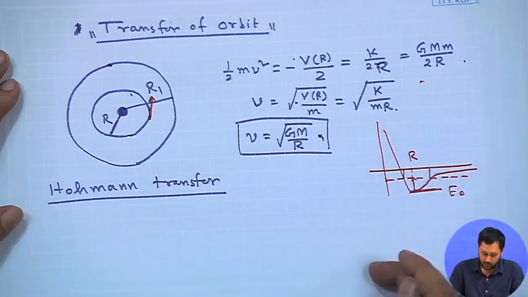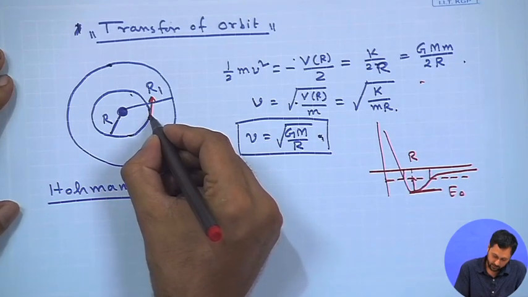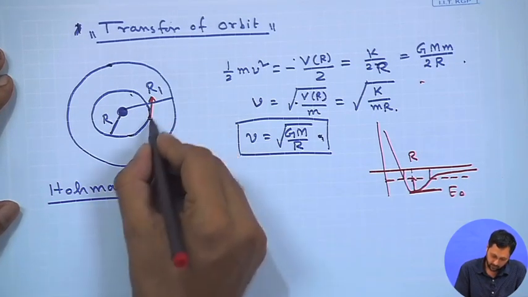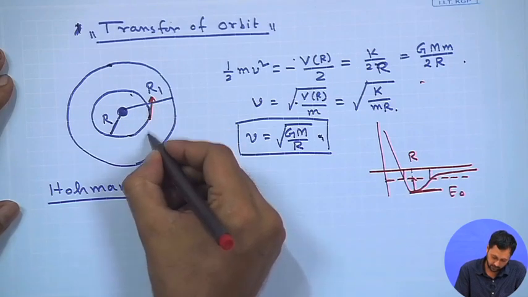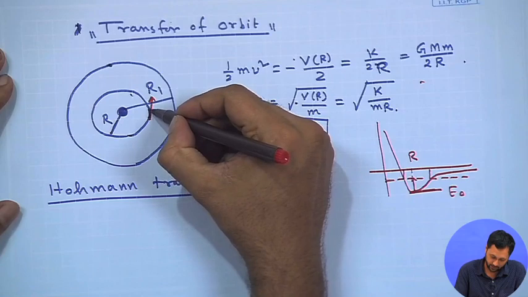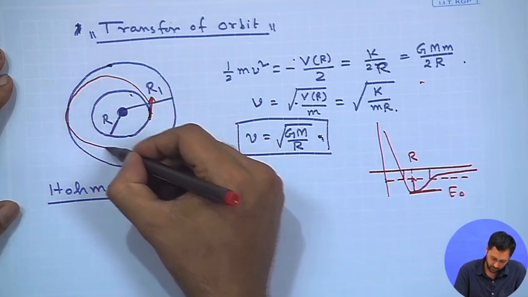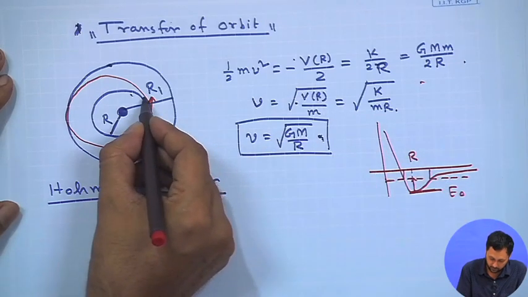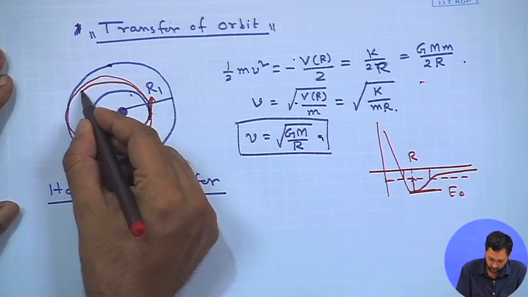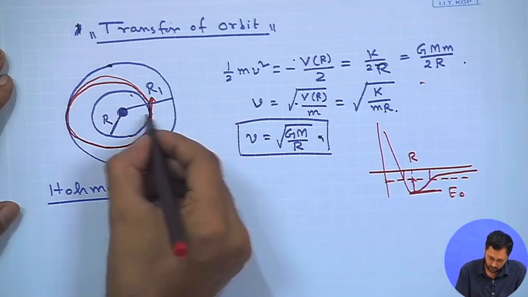Now, in Hohmann transfer, what is done typically is the velocity of this additional thrust is adjusted such that the ellipse is drawn something like in this manner. Okay. So, this is an ellipse. Sorry, this is not a very clear picture. Okay.